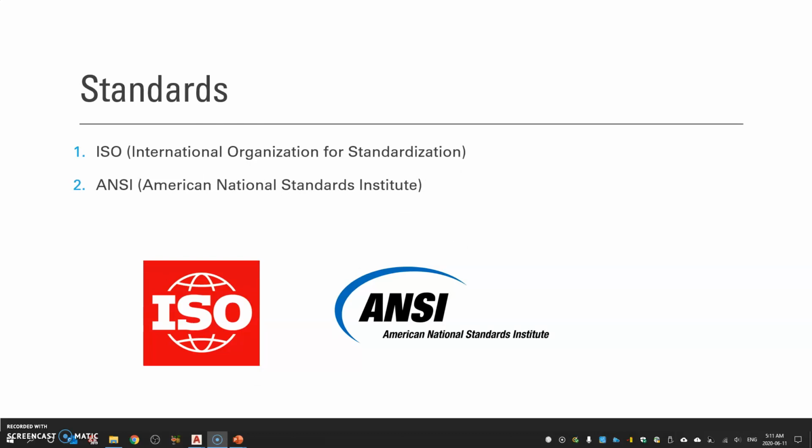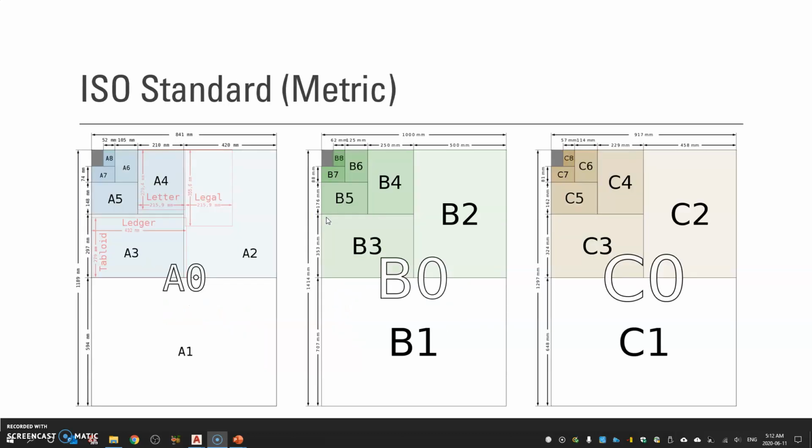I just need to go back a little bit and talk about paper standard, that we had this before, and you can go back and watch the video that I prepared for paper standard. We have two different standards, ISO and ANSI, based on the country that you live in. In most countries except North America, your paper size probably is ISO.